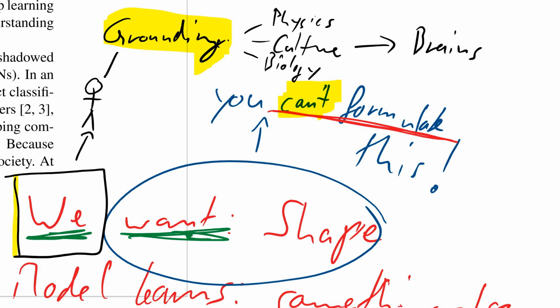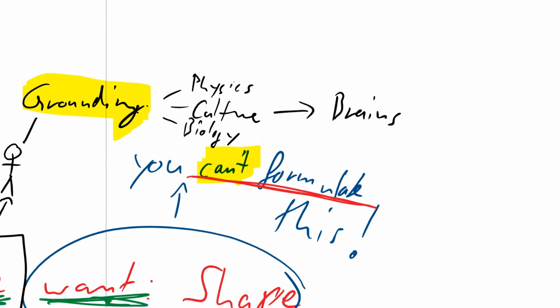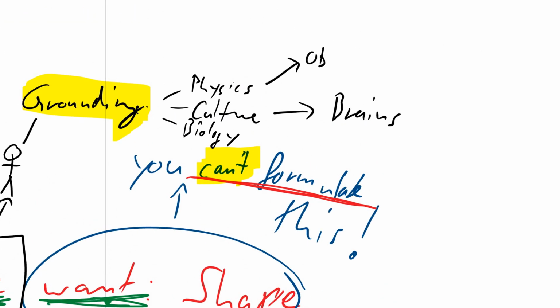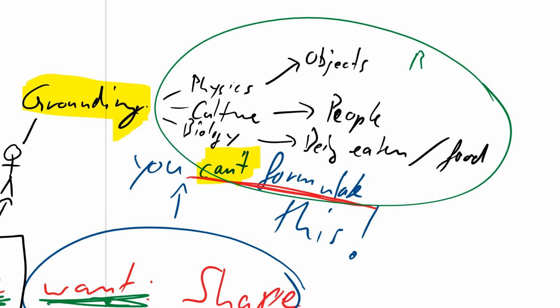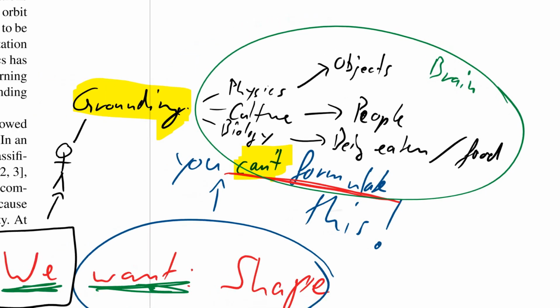So what that means is that humans live in a world of objects and of people and of being eaten, right? Being eaten or needing to eat food, right? Humans grew up and live in this world. Your brain was literally structured according to these things.